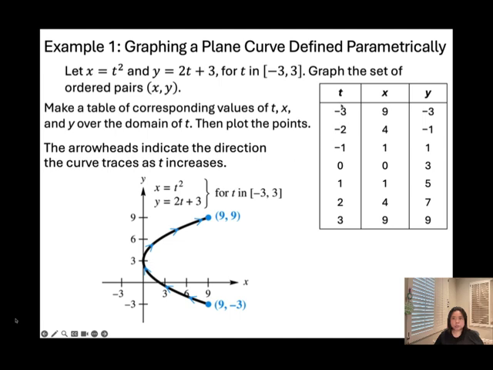When t equal to -3, you get the first coordinate, 9 and -3. When t equal to -2, you get 4 and -1, so somewhere like here. The arrowheads indicate the direction the curve traces as t increases. Make sure when you graph it, you include the arrowhead.